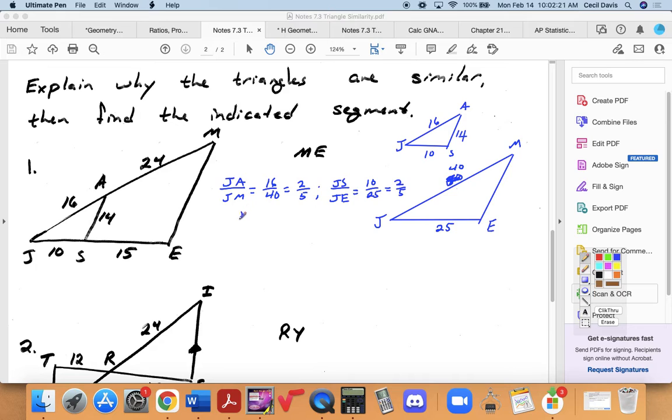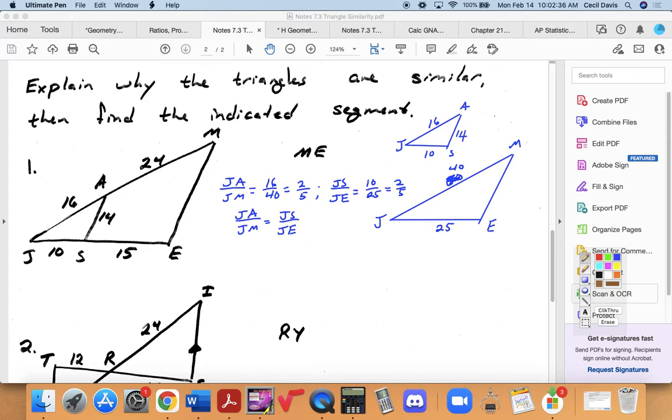So I know at this point that JA is to JM as JS is to JE. I have 2 pair of sides that are proportional.